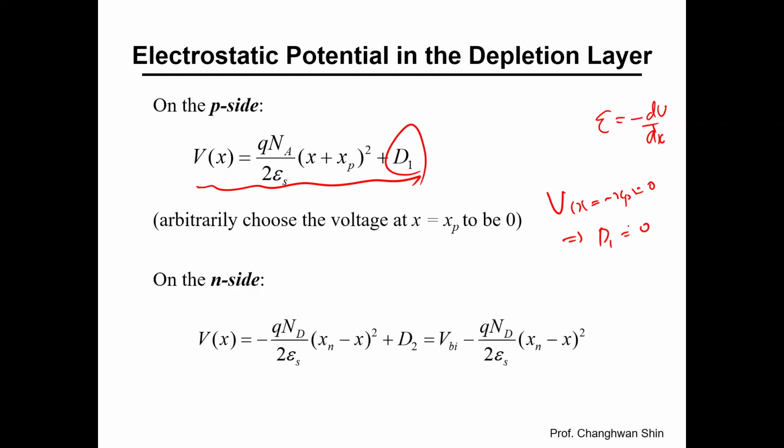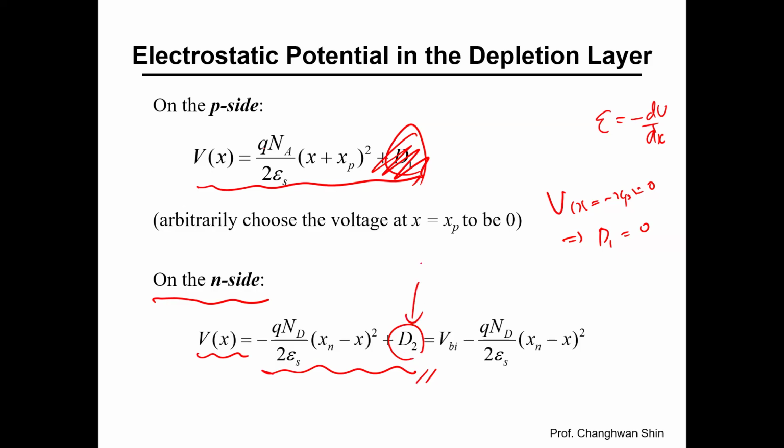So on the P side, V of x is equal to q N sub A over 2 epsilon times (x plus xP) squared. Similarly, on the N side, we integrate the electric field to get the potential V of x, as shown in this equation.